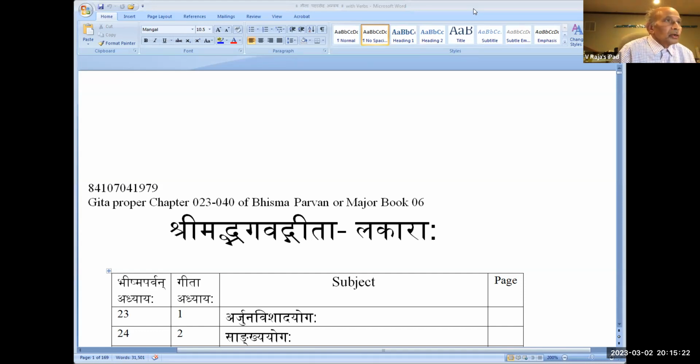Let's see, you can decipher that. Let's get to this. I think it's the 12th chapter.